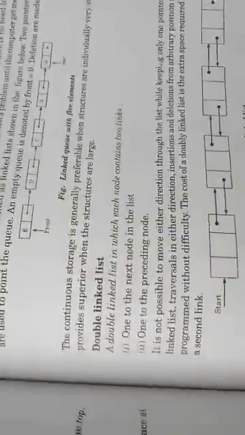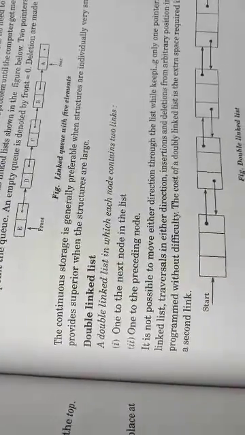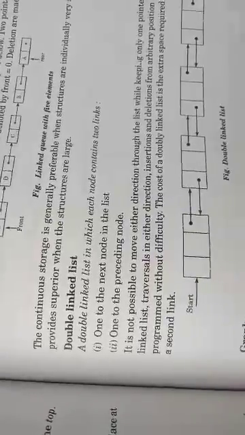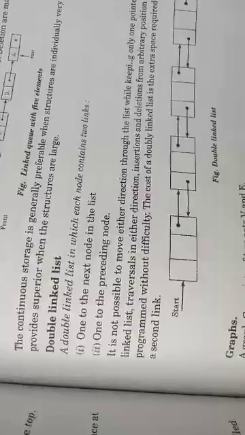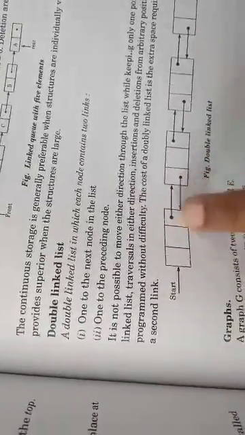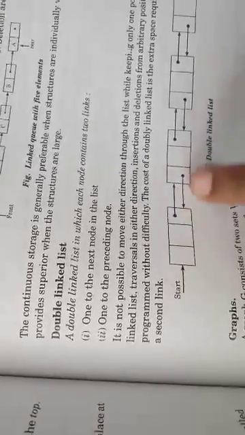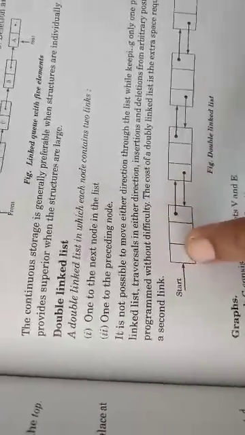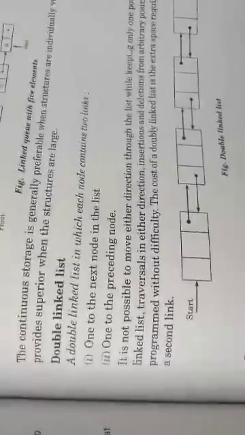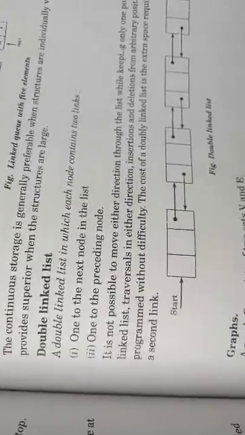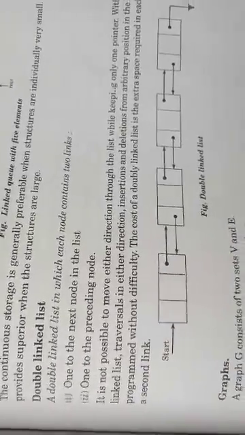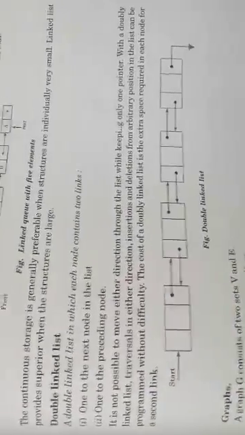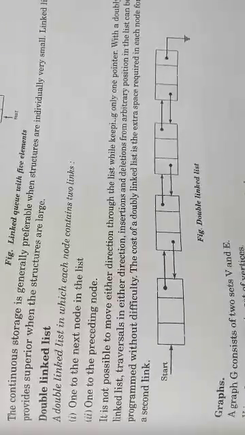A double linked list is one in which each node contains two links: one to the next node in the list and one to the preceding node. Okay, one shows the next node and another shows the preceding one. It is not possible to move in either direction through the list while keeping only one pointer, but it is with a doubly linked list.